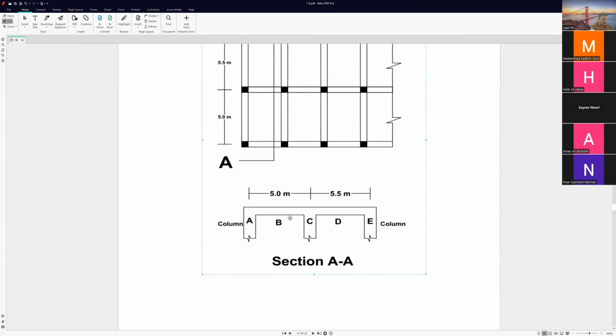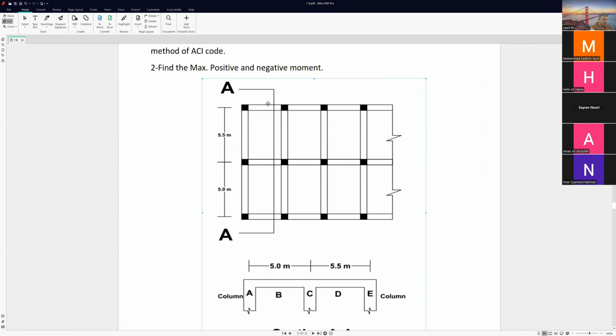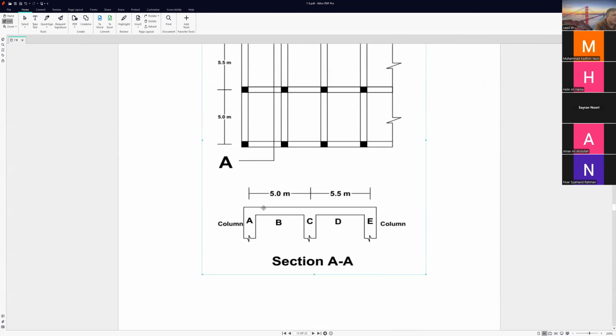Okay, so now this is continuous. We should take the section in the smaller direction. For example, maybe here we have 100. Okay, it is a one-way slab. Maybe we have 100 meter or 50 meter. But here we should take the shortest path or the short direction, which is 5.5 and 5, okay?